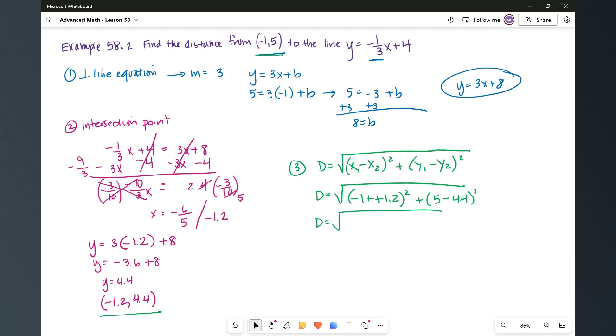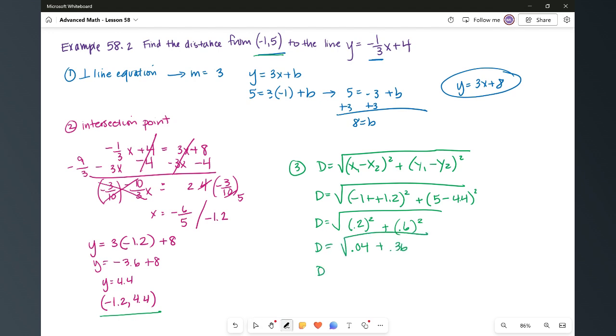Make it look a little cleaner. Okay, negative 1 plus 1.2 gives me 0.2 squared. Plus 5 minus 4.4 gives me 0.6 squared. 0.2 squared is 0.04. 0.6 squared is 0.36.